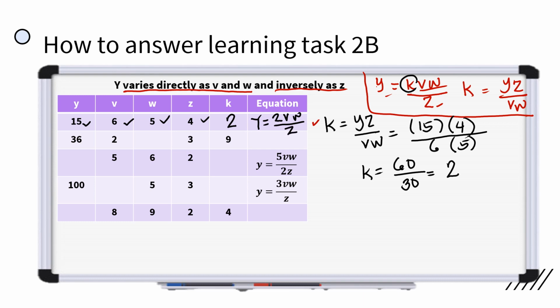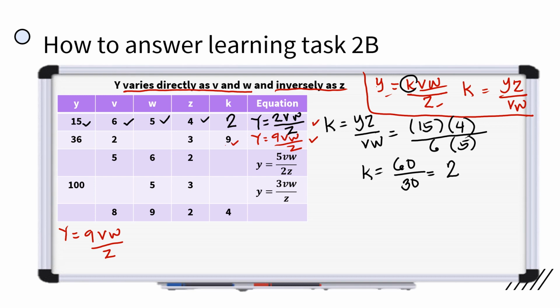Okay, let's go to the second line. So, our missing here is w. We can write the equation because this is already our k. You have an answer right away. Y is equal to, we replace the k with 9, Vw over z. So, how are we going to find w? Let's get the equation. So, y is equal to 9 Vw over z. Then, we simply substitute whatever is available in our given.